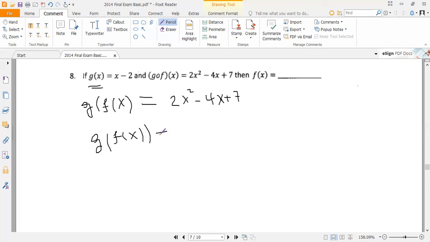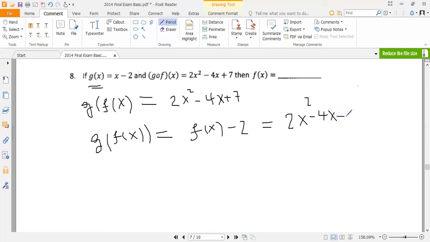Since g is given, which is f of x minus 2, f of x minus 2 is equal to 2x squared minus 4x plus 7.